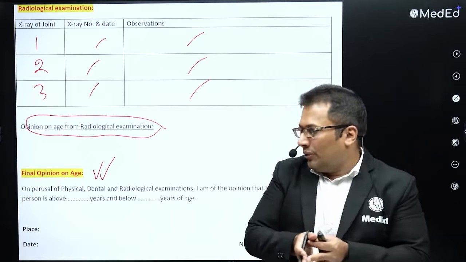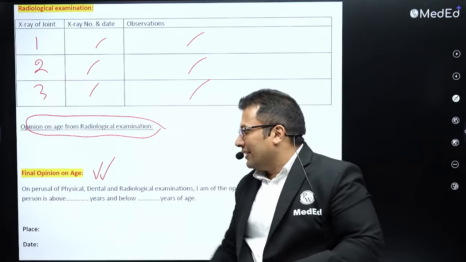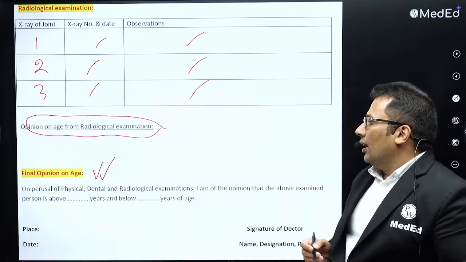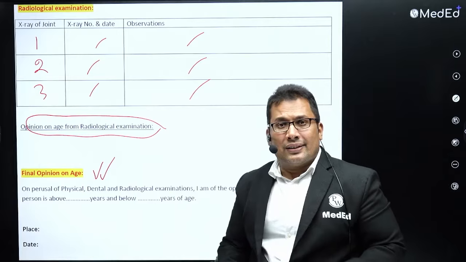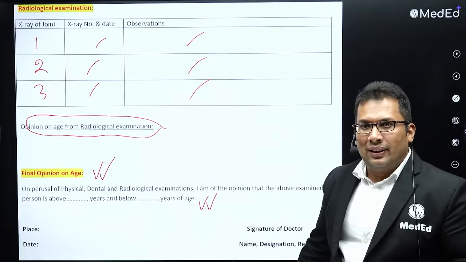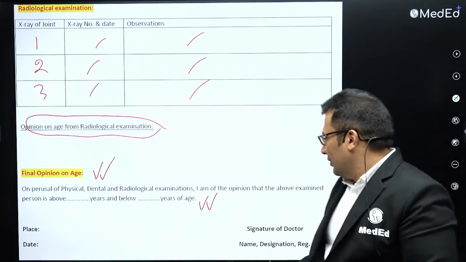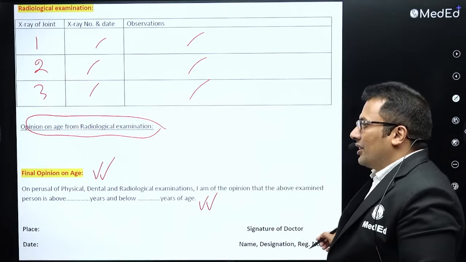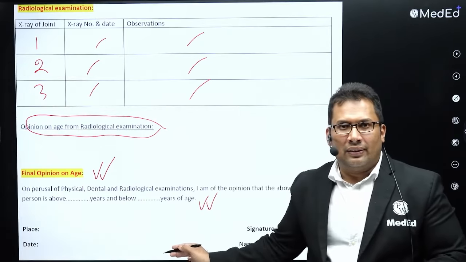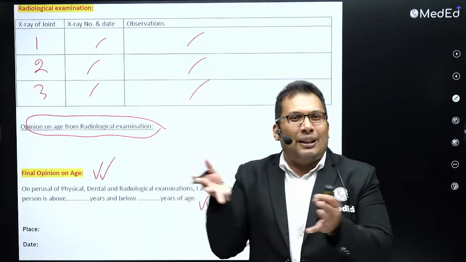A report should be like this: on perusal of physical, dental, radiological examinations, I am of the opinion that above person is above dash years and below dash years of age. Again, depending upon the age, the medico-legal importance changes. Signature, name, designation, registration number, place and date, all this should be written. If you write properly, at least the pro forma, you will get passing marks.